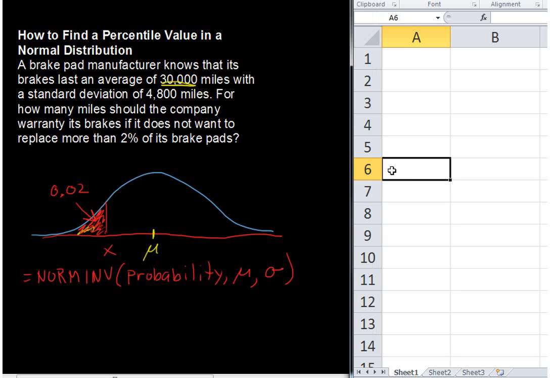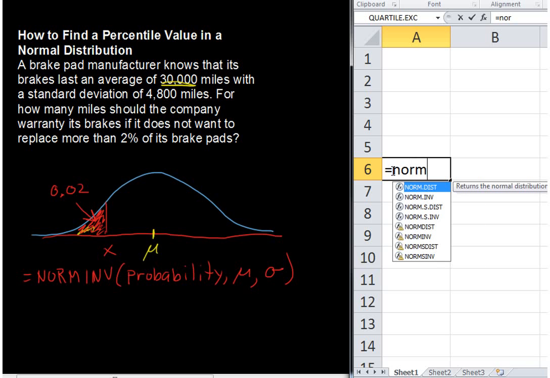So I'll go to Excel here and I'll just type in these magic numbers. Equals NORMINV. Real quickly, this is a newer version, Excel 2010, so it's got the NORM.INV. If you have the new version like this, you can just type in NORM.INV, or it does have the old versions as well, the old functions.